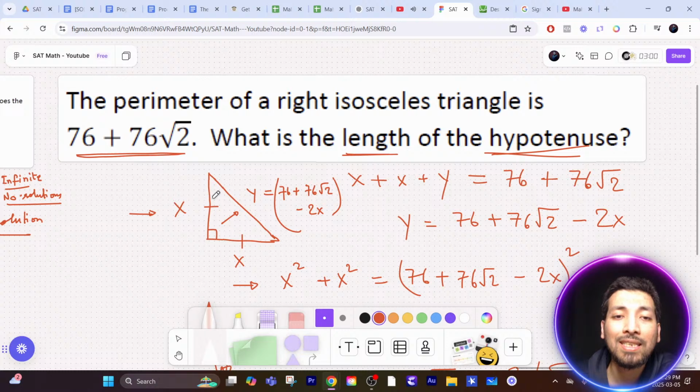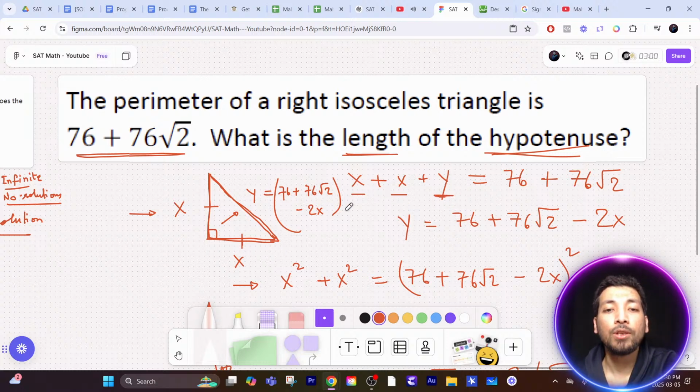If you draw this diagram, you can see that these two legs would be equal. So we can label this as x, and we can label this hypotenuse as y. And we know that these two legs, x plus x, and this hypotenuse y, if you add them, it would be 76 plus 76 square root of 2.